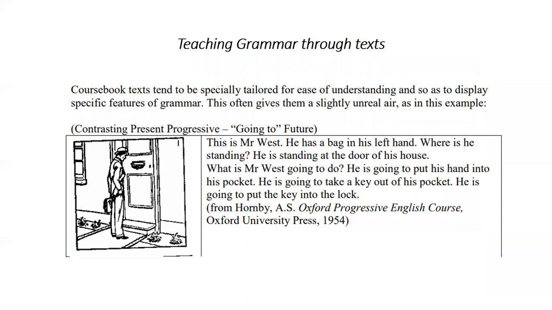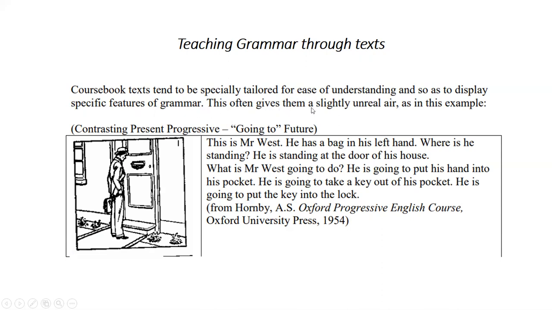So next, teaching grammar through text. So this is so simple, through text, especially text like a book. So teaching grammar through text, course book text tend to be specially tailored for ease of understanding and so as to display specific features of grammar.